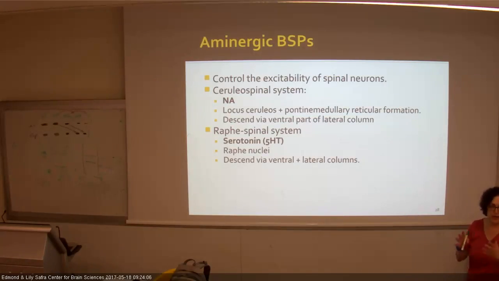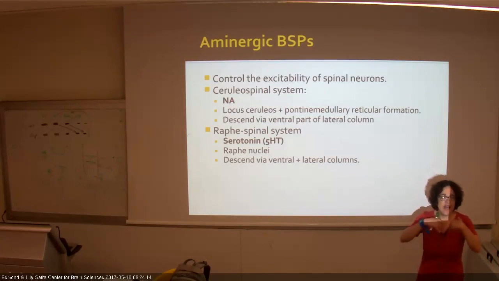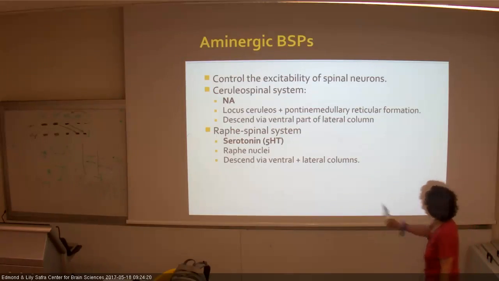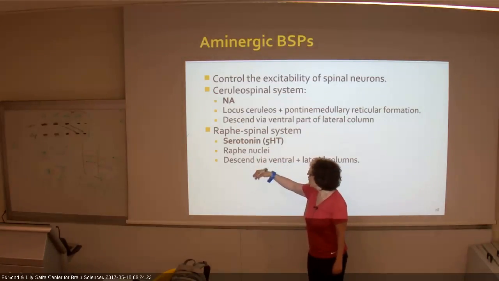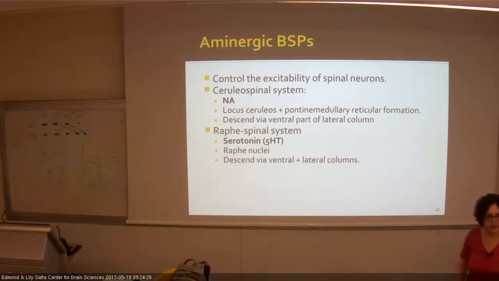Aminergic pathways control the excitability of spinal neurons and motor neurons, but they cannot activate postsynaptic cells, right? You cannot activate postsynaptic cells by putting serotonin or noradrenaline, but you control the level of excitability, how easy it is to reach a threshold for these cells.